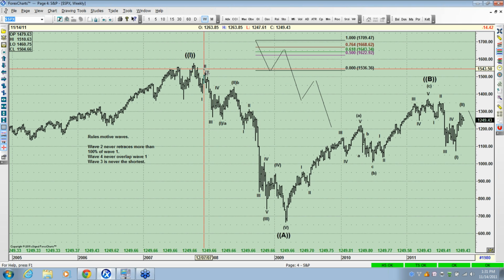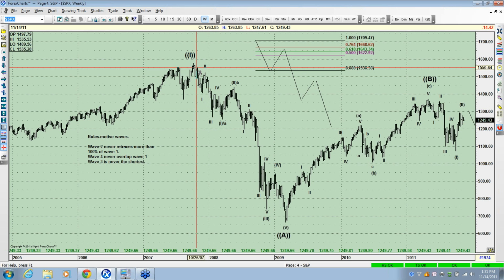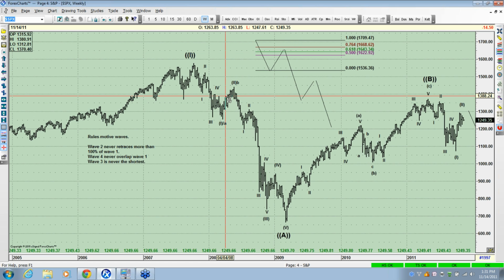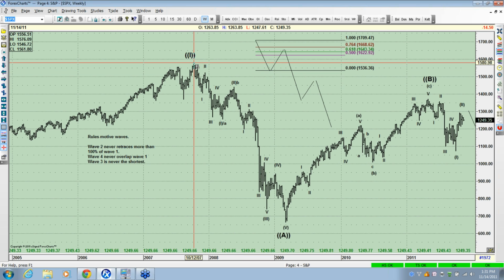Because if this high is taken, what's happening is that there were no 5 waves, or this was a flat. So technically, when you sell into the third wave, your risk or your stop needs to be the high of the wave 1. And that's as simple, guys.